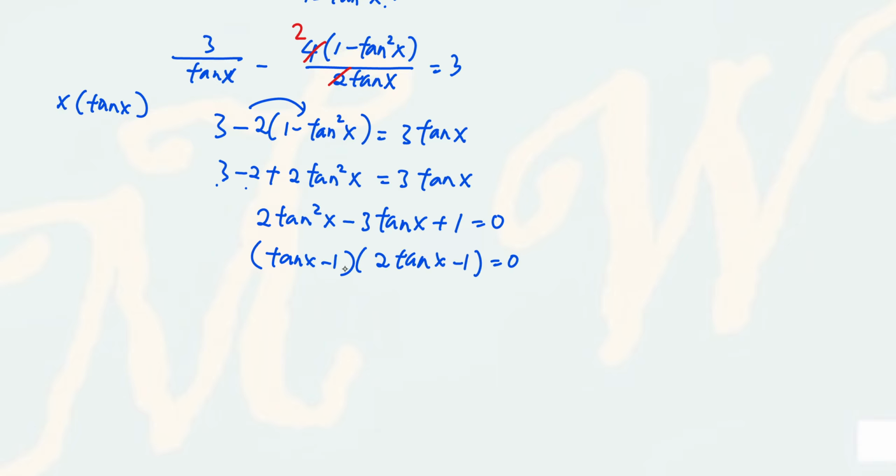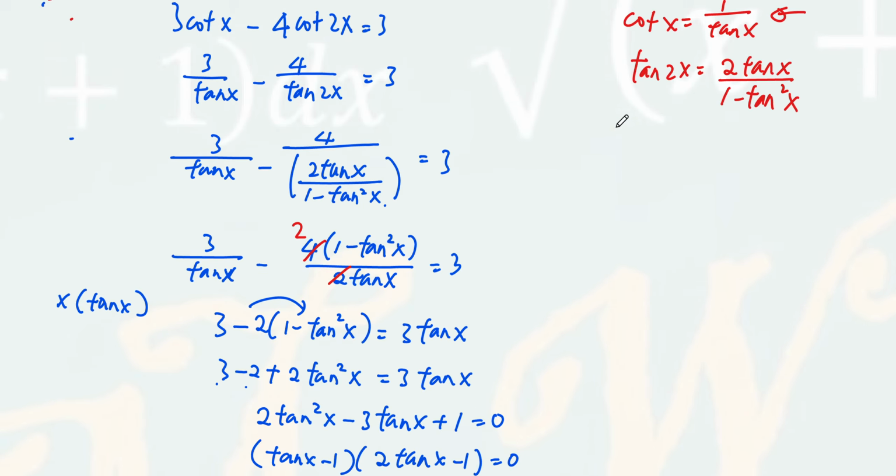Therefore, product of two terms equals to 0, which means one of the terms must be 0. So I will say tangent x minus 1 equals to 0, or 2 tangent x minus 1 equals to 0. Then you will be getting tangent x is 1, or tangent x is half.